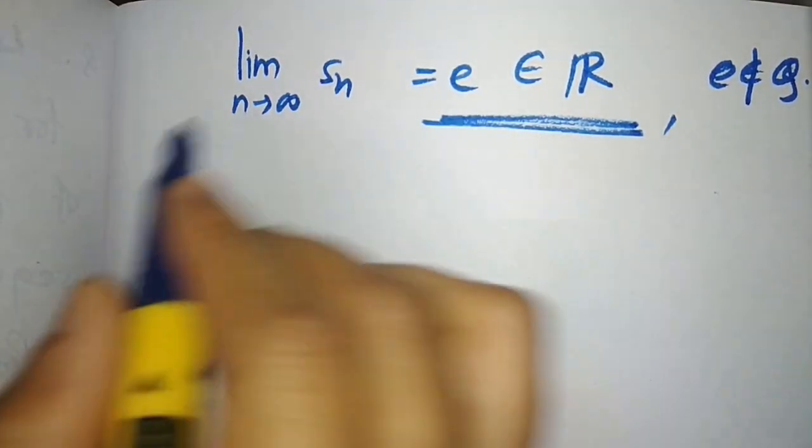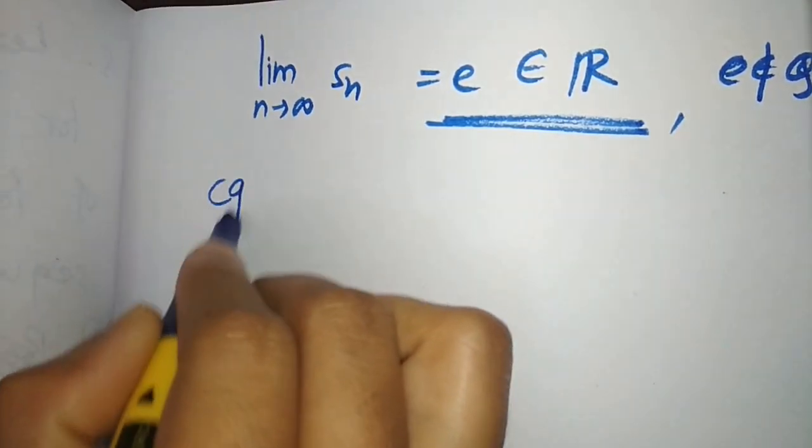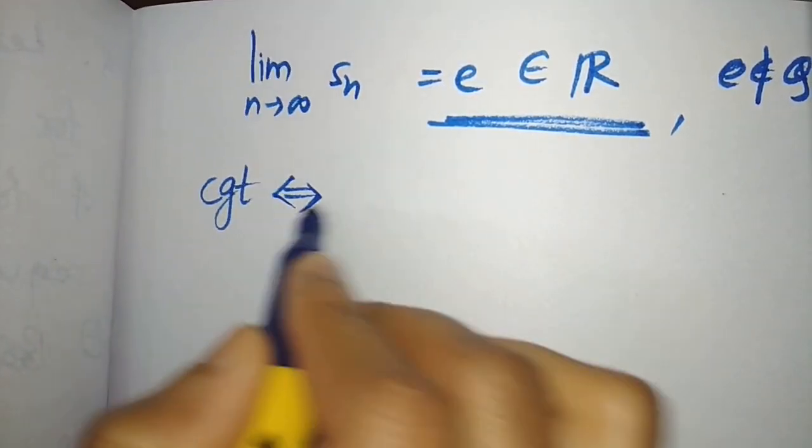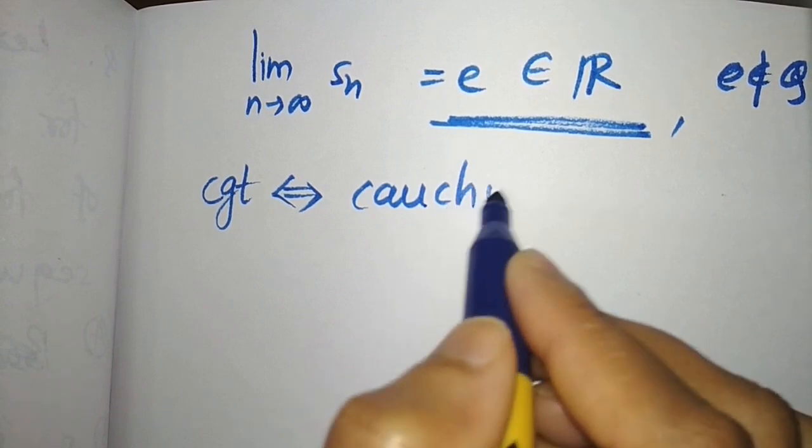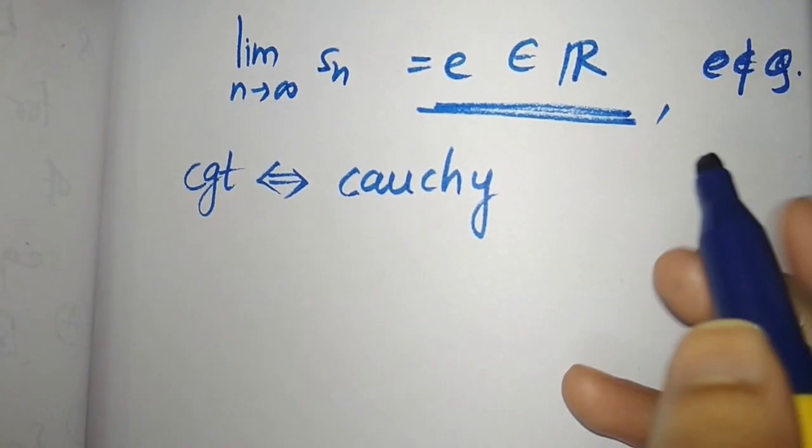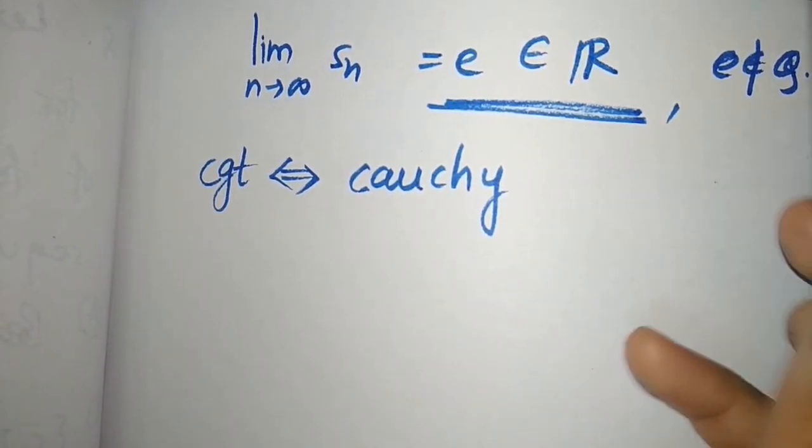Now we know that if a sequence converges, then it is a Cauchy sequence, because we know that convergent if and only if Cauchy when we take the space as R, the real vector space.